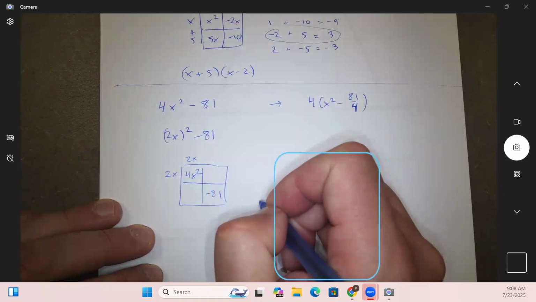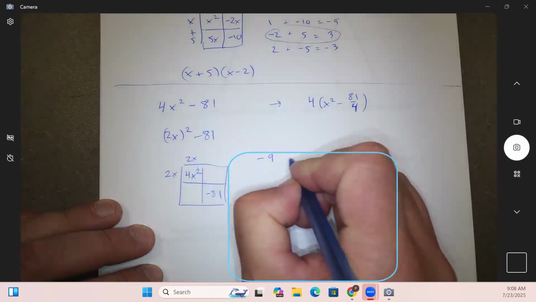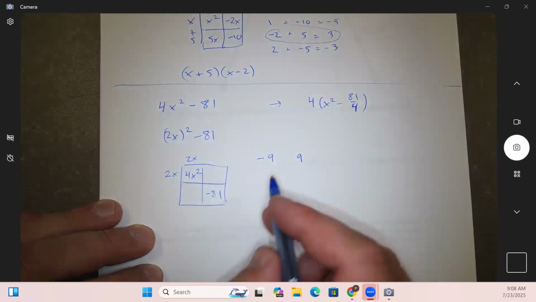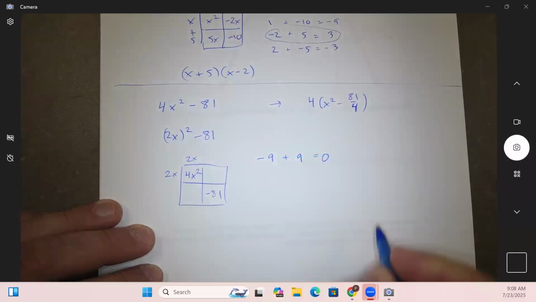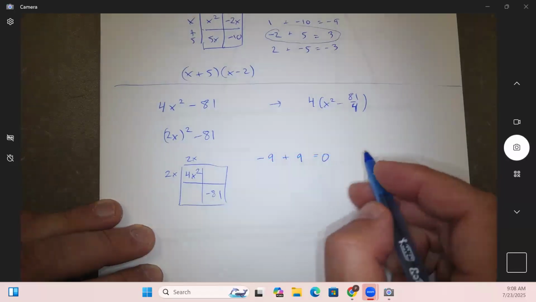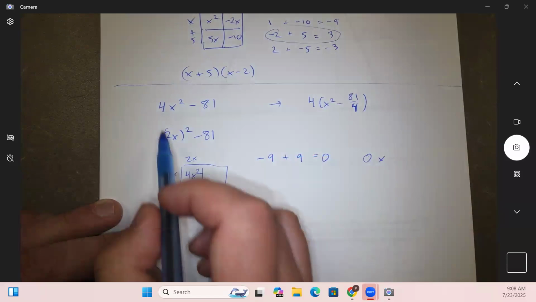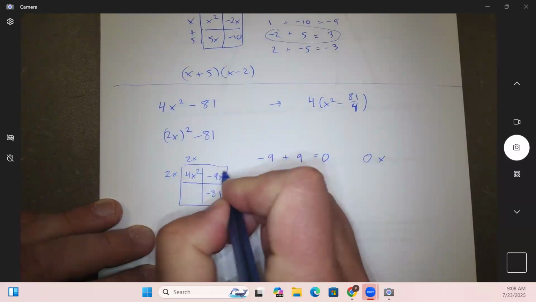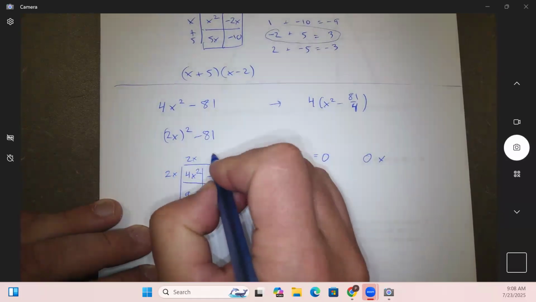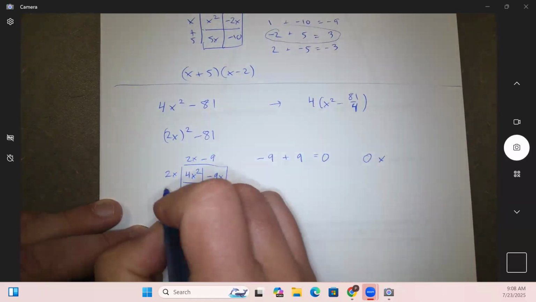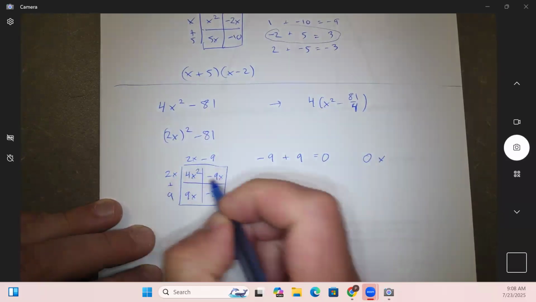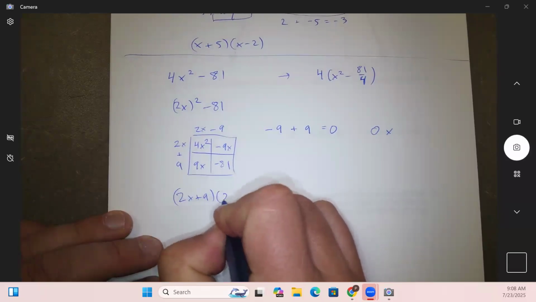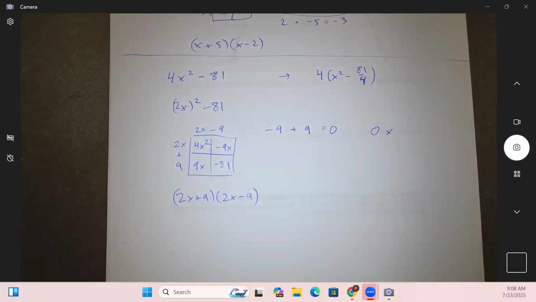I'm not going to go through them all, but I noticed that negative 9 and 9 multiply to be negative 81. And if I add those together, I get 0, which means I have 0 x's, just like there. So I have a negative 9x here and a positive 9x here. So it's a negative 9 and a positive 9. And I get 2x plus 9 and 2x minus 9. That certainly works.